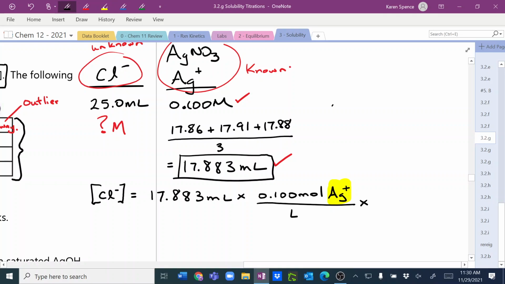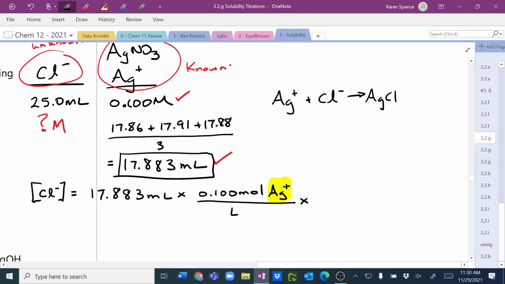2 ways of writing that balanced equation. You can either have silver plus chloride gives silver chloride. And remember, in a titration, we always use the precipitation reaction, the precipitation equation, the PE.